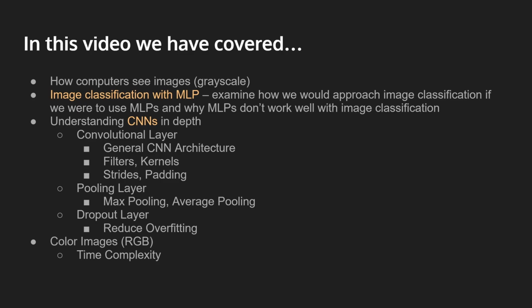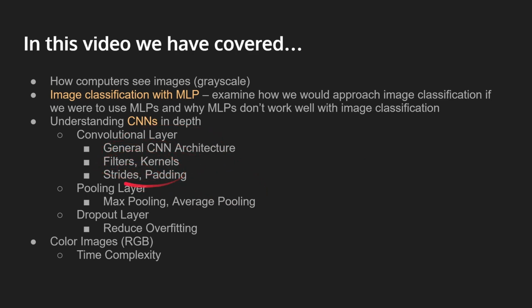So let's summarize. In this video, we talked about how computers see images, grayscale images, and how we will approach image classification with MLP and why that doesn't work as well. Then we talked about CNNs in depth, right? We talked about every one of these.